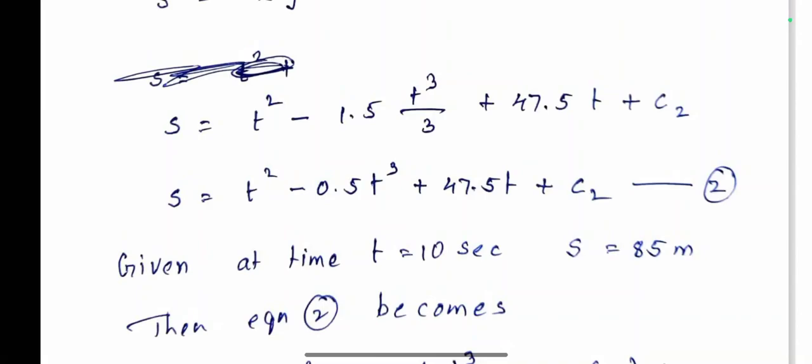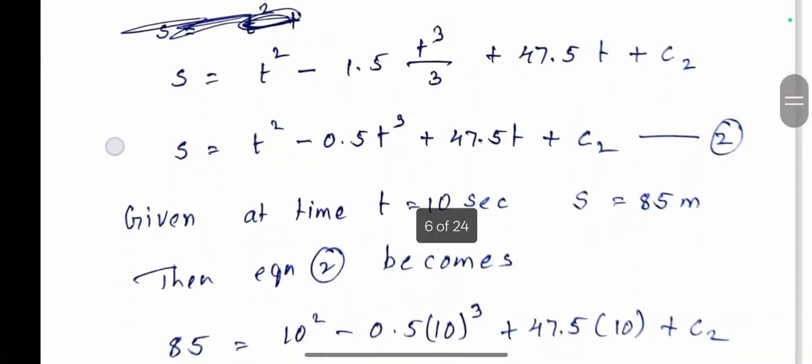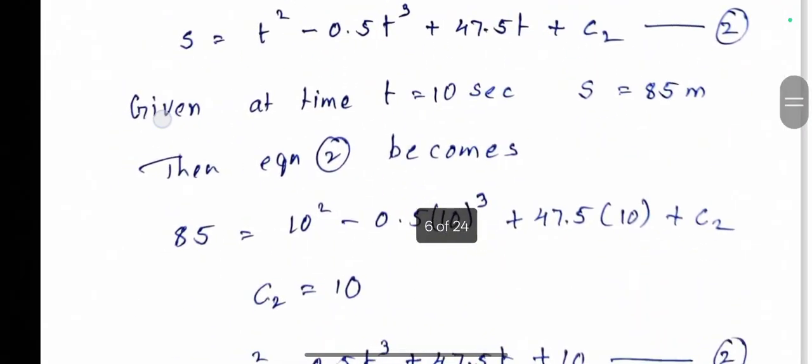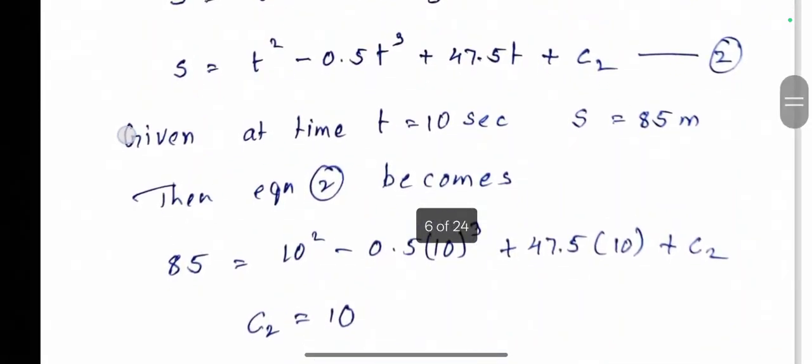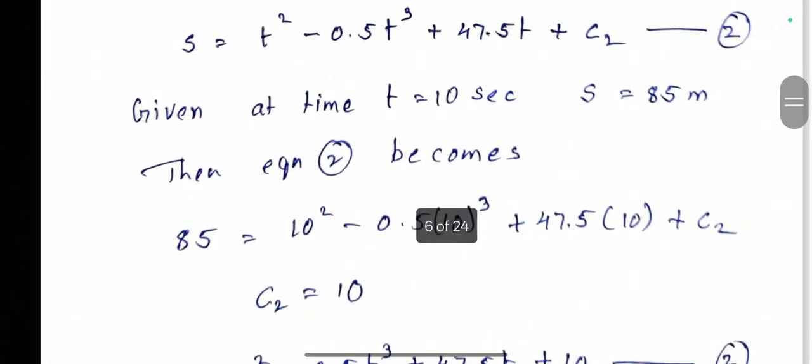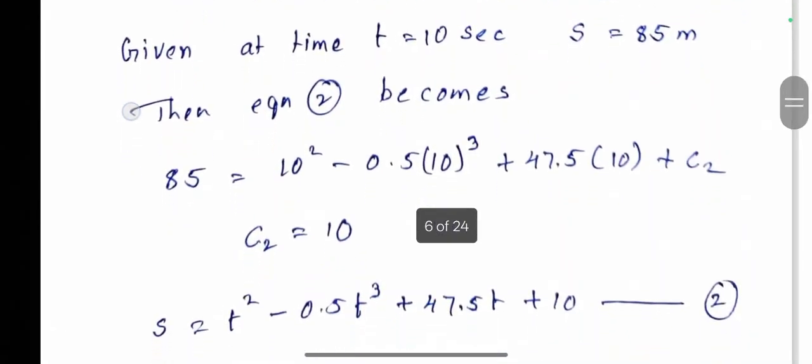So for finding the s value, we need the constant c. For that, we take the second condition: at time t equal to 10 seconds, the distance covered is 85 centimeters. We know t and we know s, so we substitute the values in equation 2. So 85 is equal to 10 square minus 0.5 into 10 cube plus 47.5 into 10 plus c2.